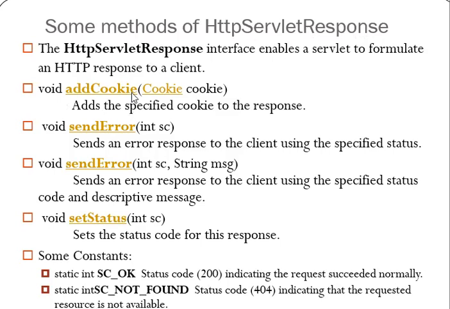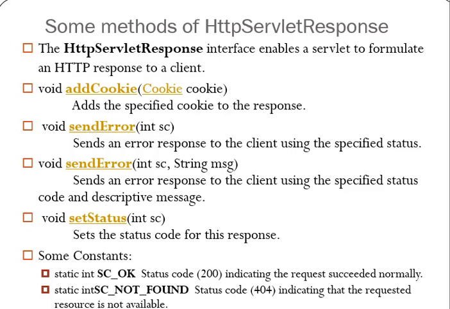If a server wants to store some information on the client, it will use add cookie. The add cookie method takes a cookie as a parameter, and cookie is a class, so it is an object. That cookie object contains name and value. We can optionally add the expiration date along with the domain and path information. That is for creating a cookie on a client machine.